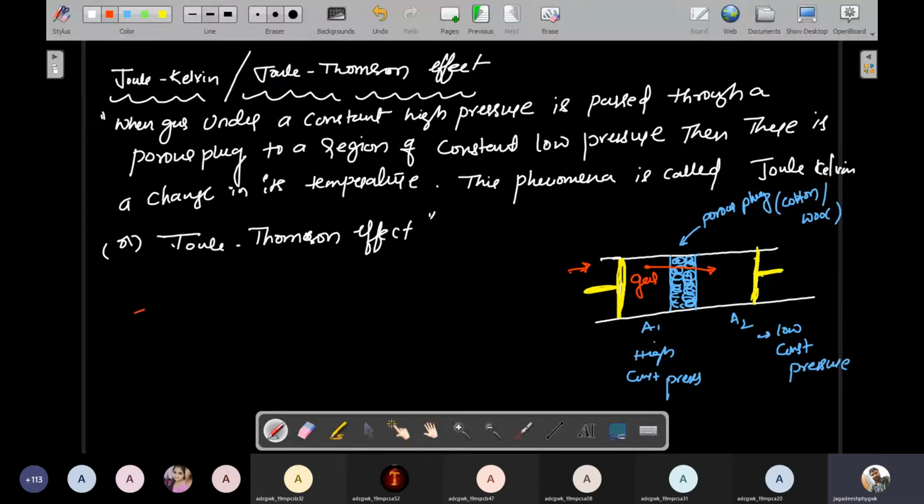That is the very important point: when a gas passes from higher constant pressure to lower constant pressure, definitely the temperature of the gas will change.